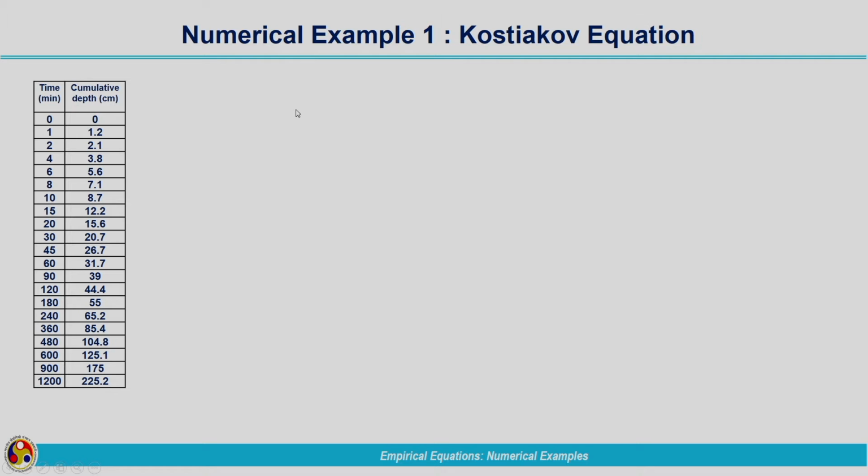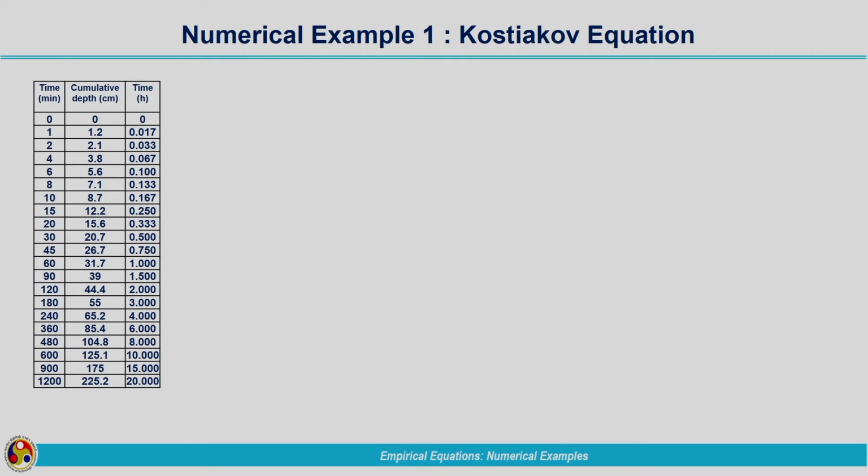Cumulative depth is there, from that we have to find out the incremental depth. For each incremental time, how much water has infiltrated into the ground, that we need to determine. So, the incremental time and incremental depth need to be calculated, given here in the columns.